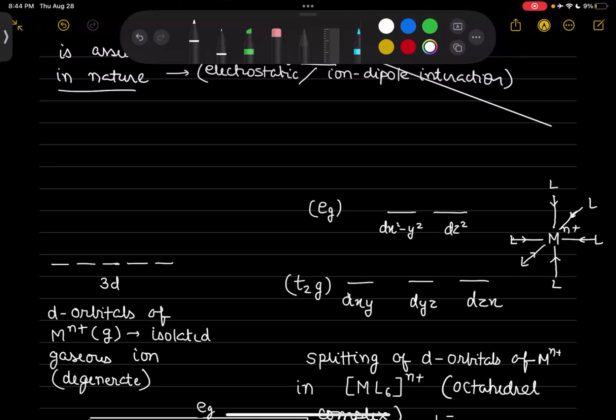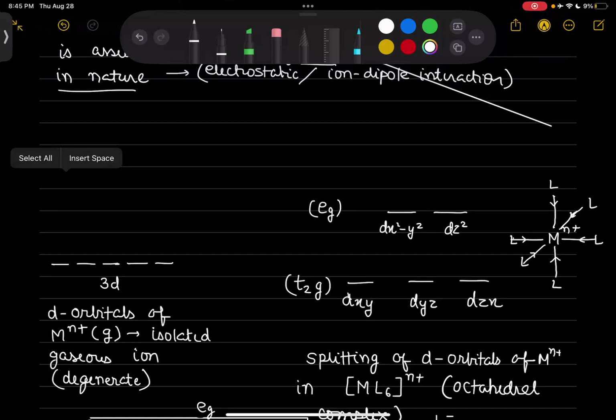That's how we can think of the octahedral arrangement. There are four groups present in a plane, approaching at 90 degrees with respect to each other, and one group is approaching from the top, another from the bottom. This is the octahedral arrangement that you know very well.